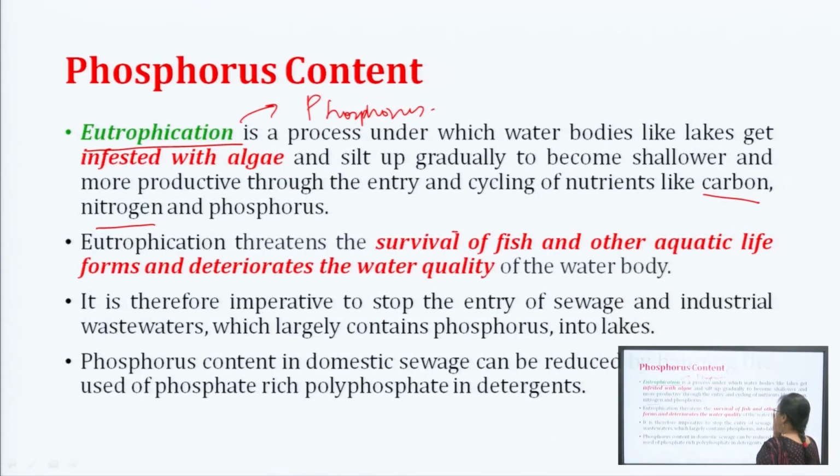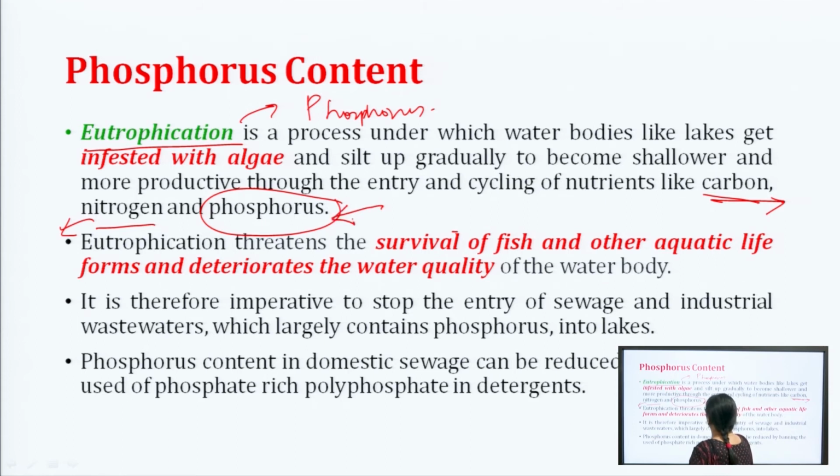See, why is eutrophication not mainly concerned with carbon and nitrogen? Because carbon is already present in organic matter, which is very common. Nitrogen you can always get from the atmosphere. The limiting factor controlling eutrophication from happening before was phosphorus, but once you have this phosphorus, eutrophication starts happening, right.